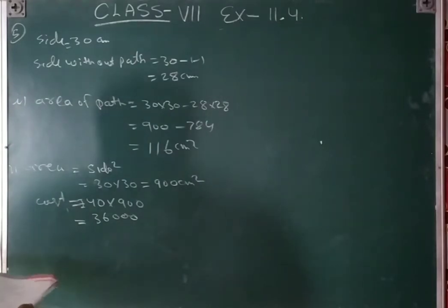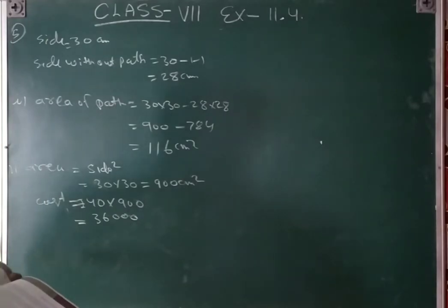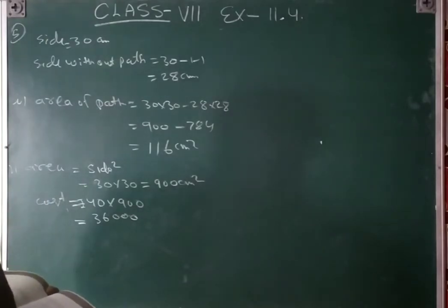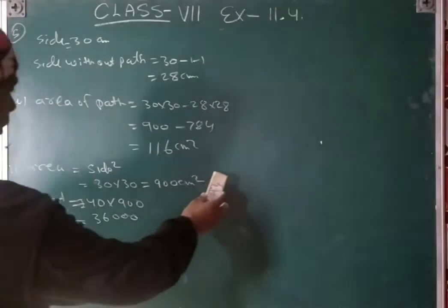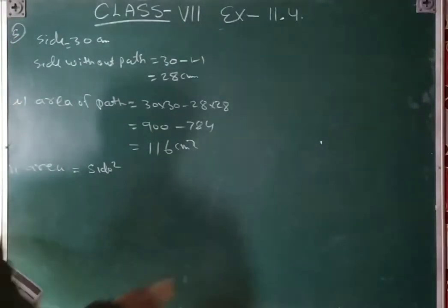And fifth question, see that answer. Fifth question, 36,000. And then just wait.